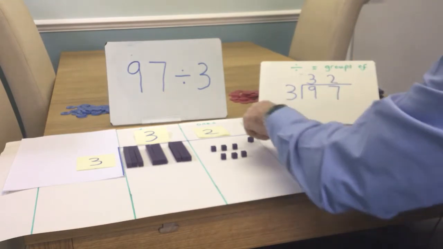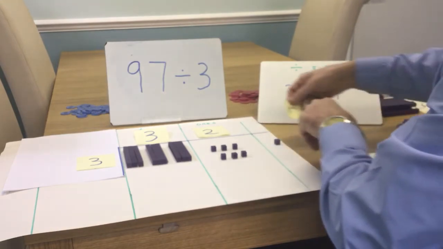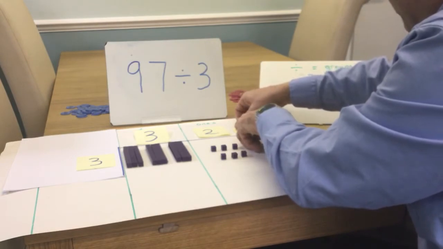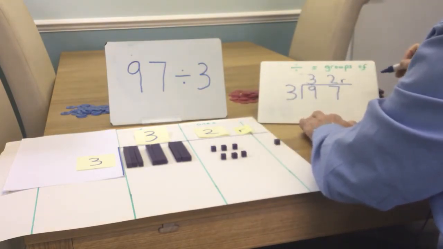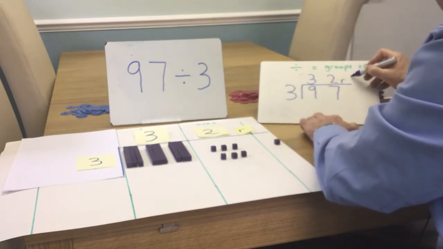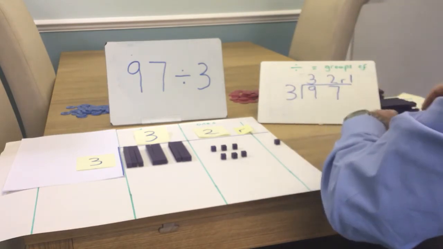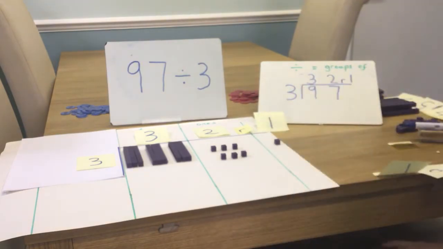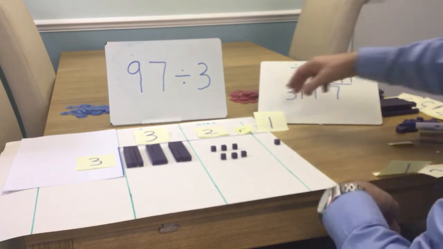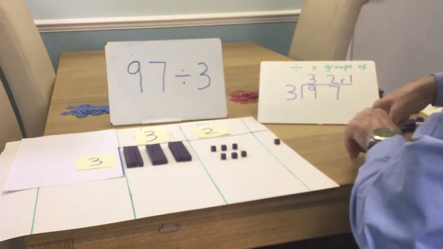But as you can see, I've got 1 left over, and we end up putting a little R here, which stands for remainders, and we put a 1 there. I'll just squeeze that in there, so you can see that the answer to the first sum is 32, remainder 1.